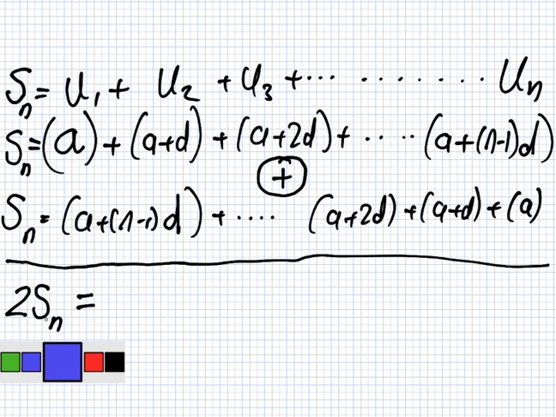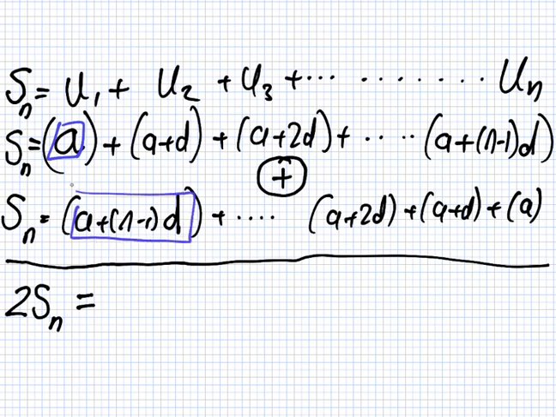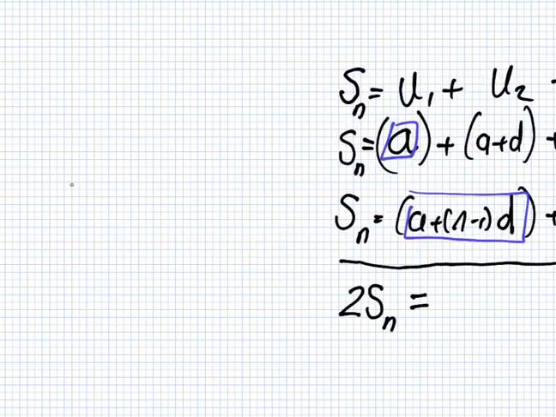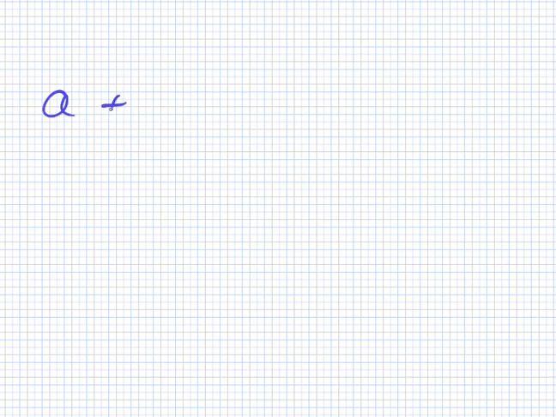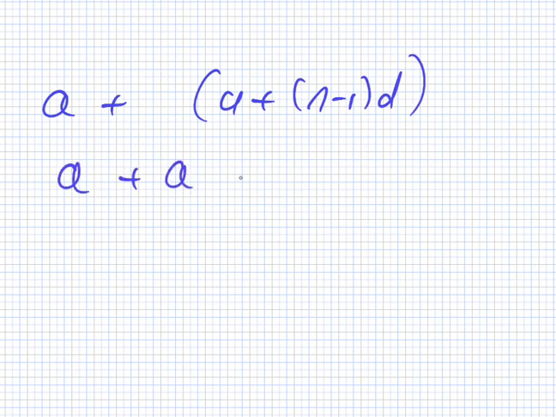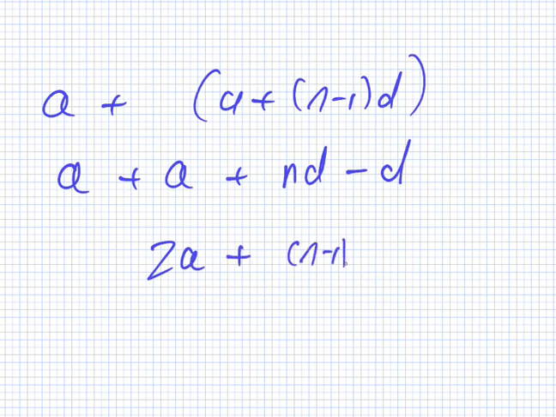Can I go to the side for the moment? So what I want to do first is I want to add A with this one. So let me do that on the side. A plus A plus n minus 1D. So that would be A plus ND minus D. So that would be 2A plus, I guess it's just n minus 1D still.